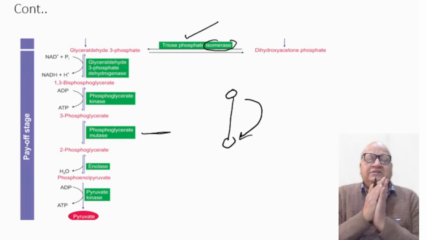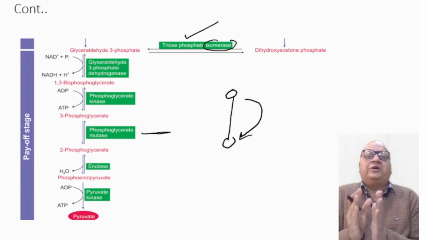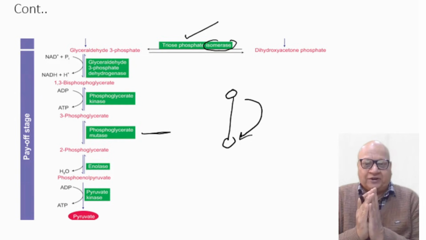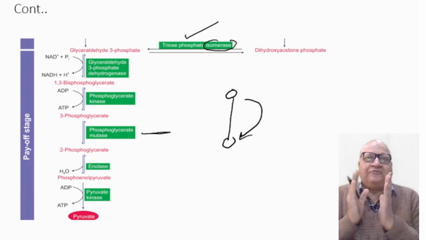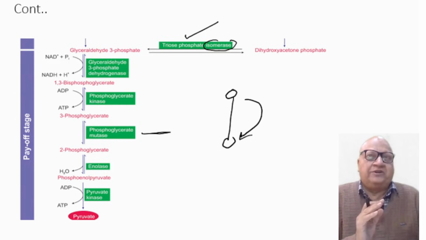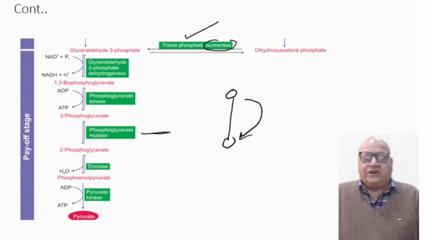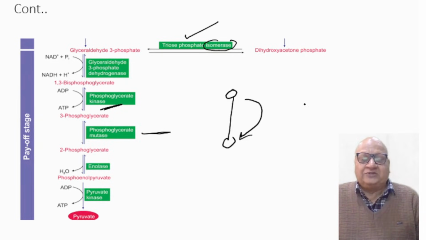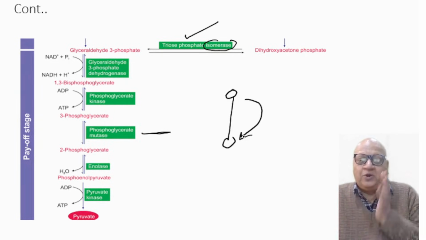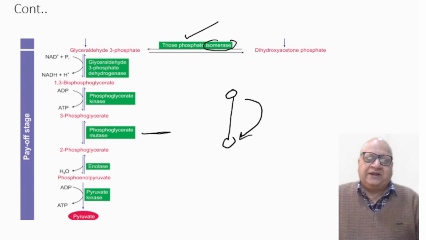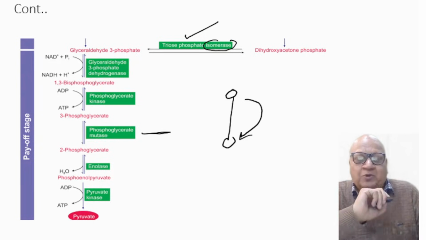So this is an intramolecular shift of a functional group. Such enzymes which cause intramolecular transfer of a functional group are mutases. Of course, they are all transferases. So in transferases, when the shift is intramolecular, then that is a mutase.